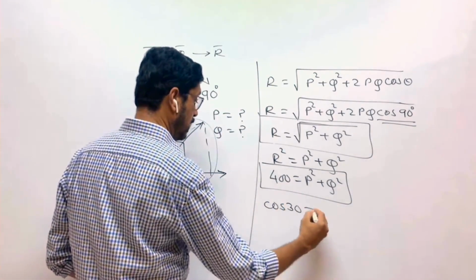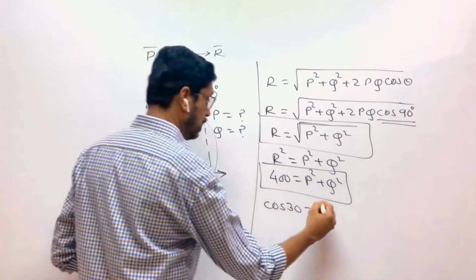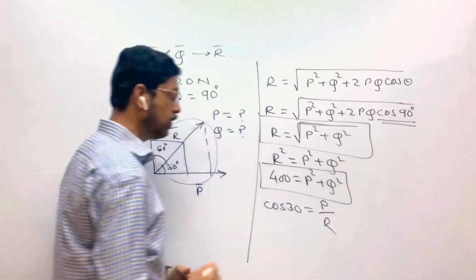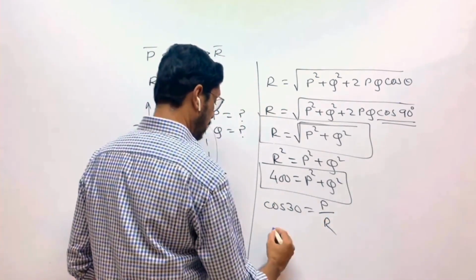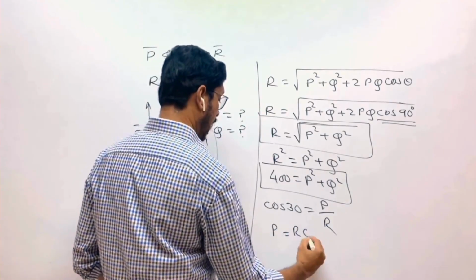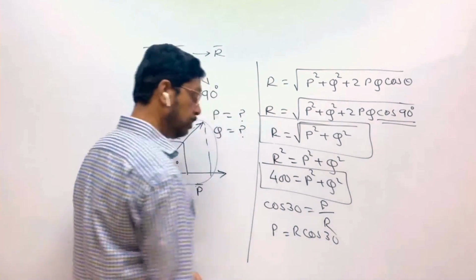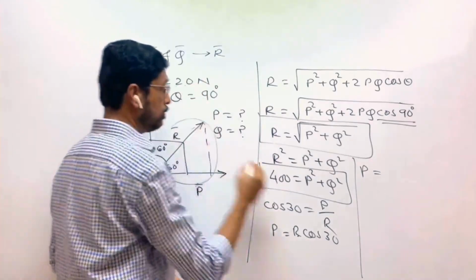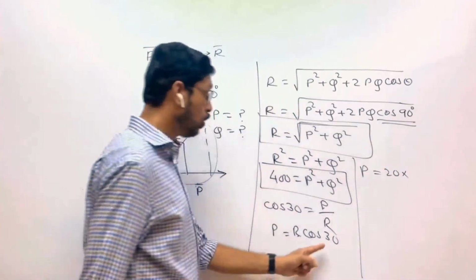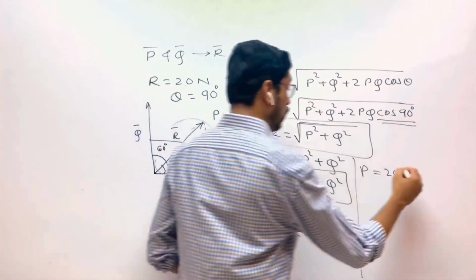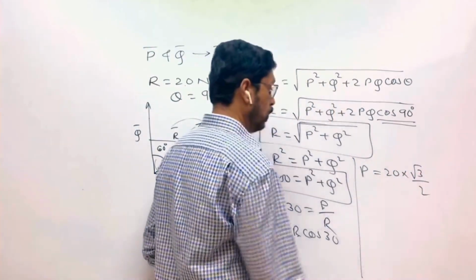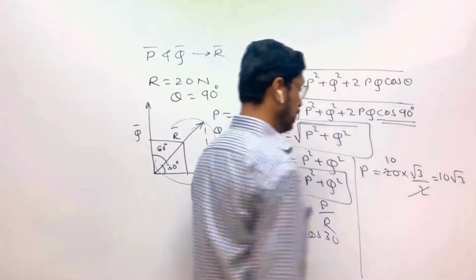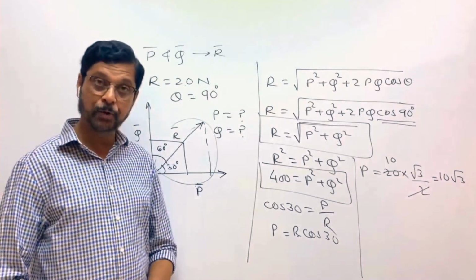So cos 30 is equal to adjacent side is magnitude of P upon hypotenuse is magnitude of R. Or you can say P is equal to R cos 30. So P is equal to R is 20 into cos of 30 degree is root 3 by 2. So 2 tens are, that is equal to 10 root 3. So P is 10 root 3.